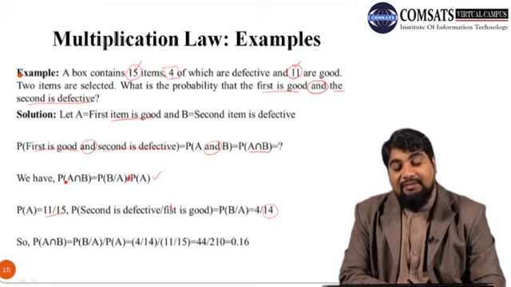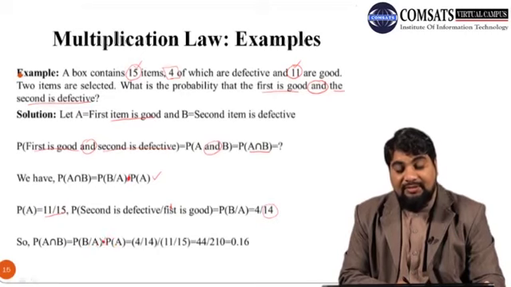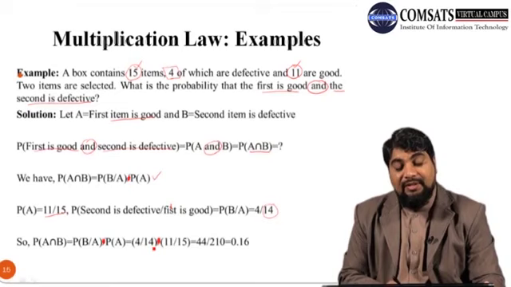So the probability of A intersection B will be P of B given A times P of A. Just multiply these two numbers: 4 over 14 times 11 over 15.